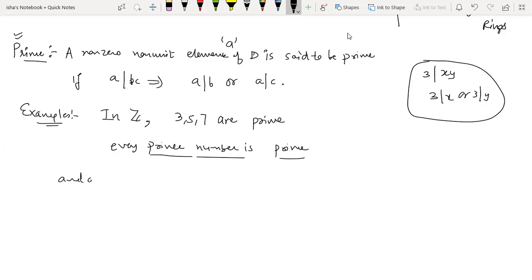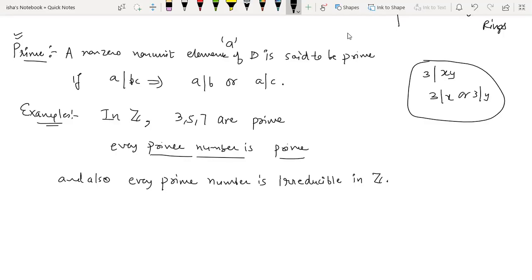And also, every prime number is, I'm sorry, irreducible in Z, because I did not give you an example of an irreducible element. So in the ring of integers, the prime numbers are also irreducible. They are examples of irreducible elements.